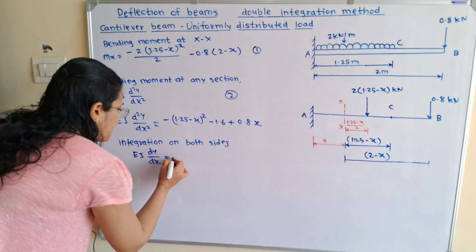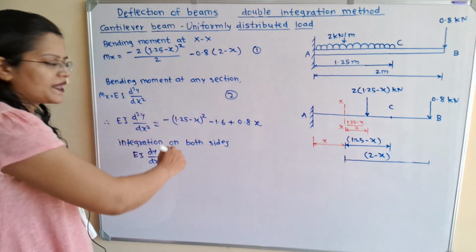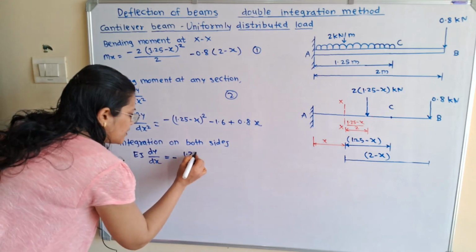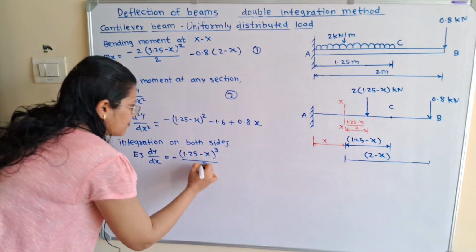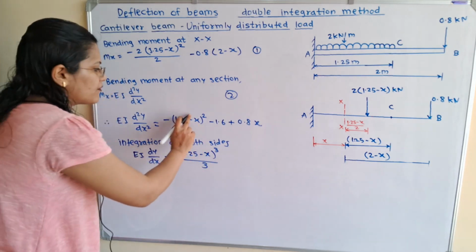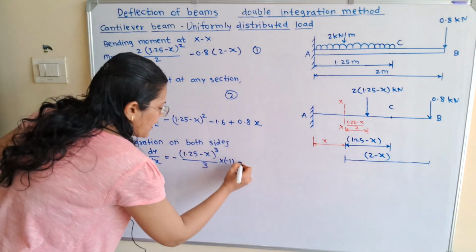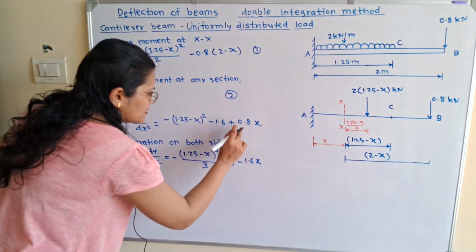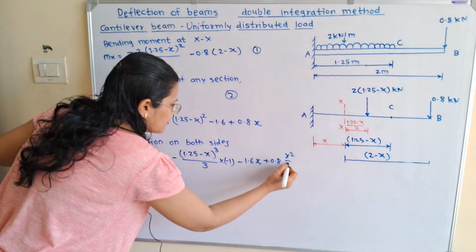I will take minus sign as it is, so here 1.25 minus x bracket square, so it will become 1.25 minus x bracket cube by 3, and because of this minus x we will multiply with coordinate of x, that is minus 1, then minus 1.6x, and here plus 0.8 x square by 2.